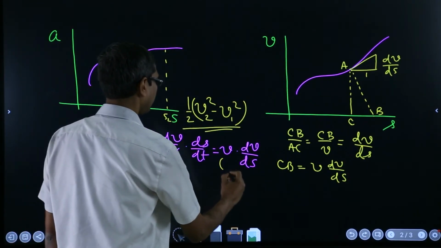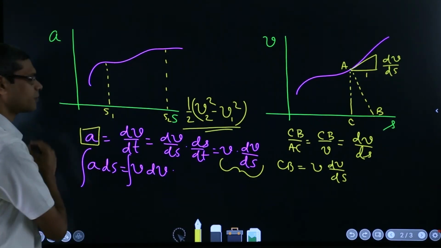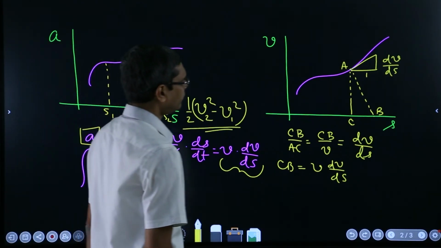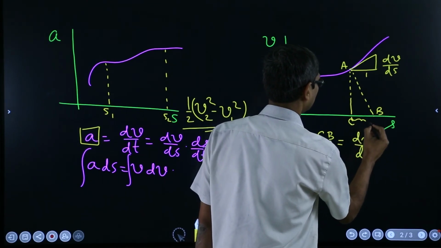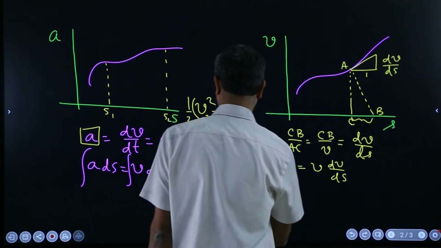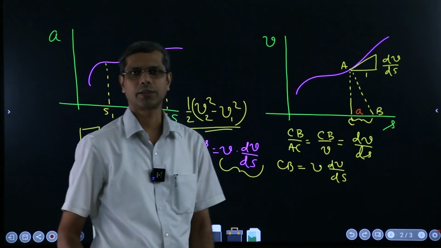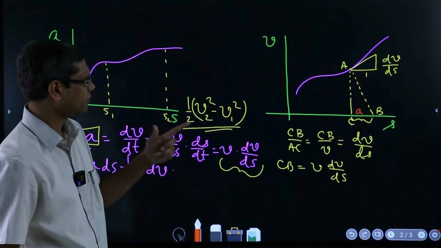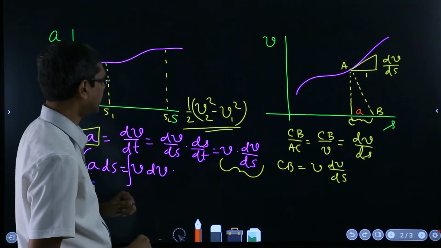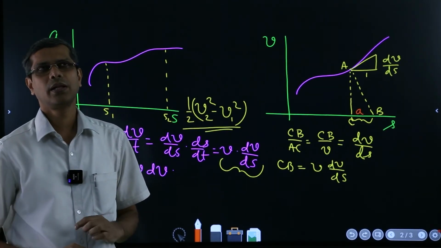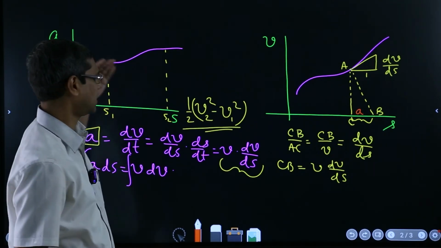Now what was v dv over ds? That was nothing but our acceleration, right? So if you draw a v versus s curve, then this distance here will give you the acceleration of the particle. So these are curves which are useful for getting the accelerations or the kinetic energy change when you do not have a functional representation of acceleration or velocity.